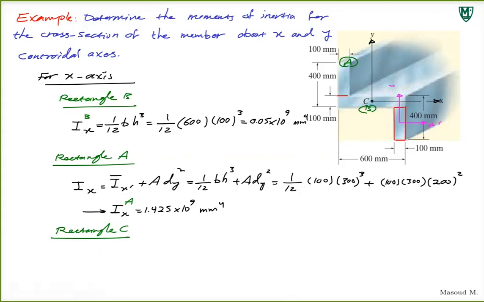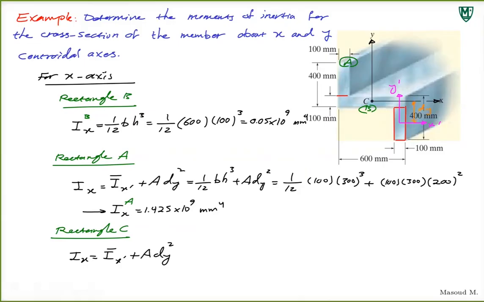X prime, Y prime. I'm trying to find Ix. So Ix would be Ix prime bar plus A dy squared. And here is dy, the distance between x prime, x-axis passing through the centroid, and the x-axis for the composite area.